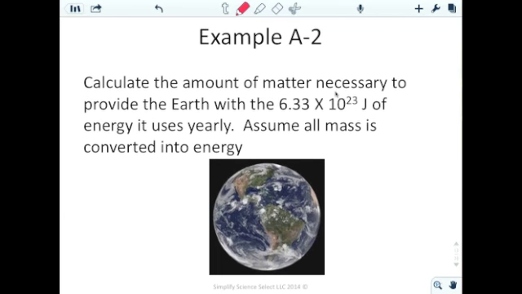A2 says calculate the amount of matter necessary to provide the Earth with the 6.33 times 10 to the 23rd joules of energy it uses yearly. Assume all mass is converted into energy. This is the amount of energy I want, so that is my E. E equals mc squared, and we're solving for m.